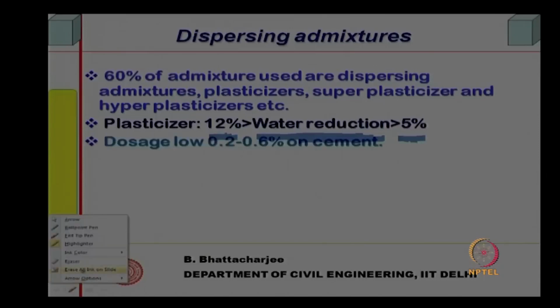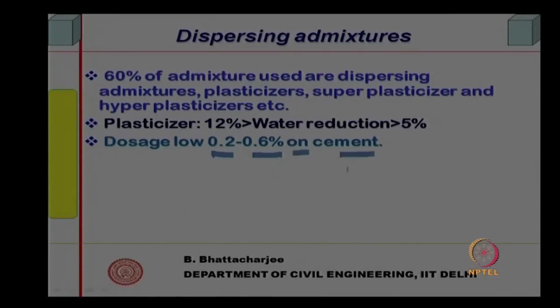The dosage, the amount you add, is generally only 0.2 to 0.6% of the cement. So, if you have 300 kg of cement, 0.2% of that would be 0.6 kg in a meter cube, and 0.6% will be about 1.8 kg.